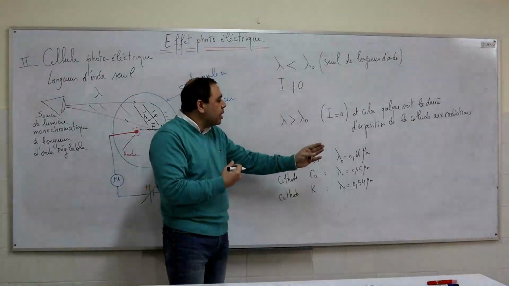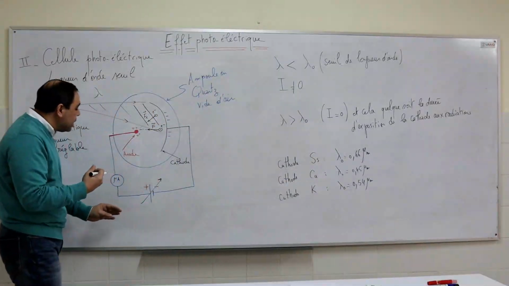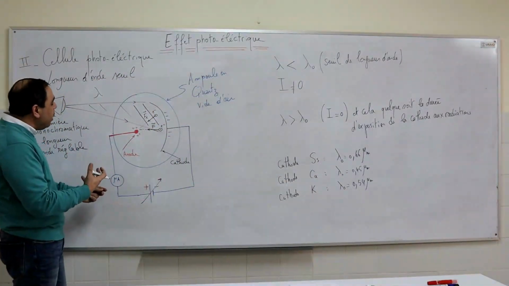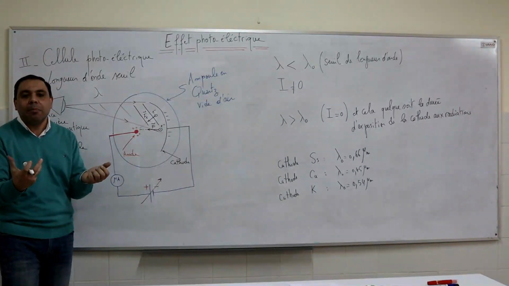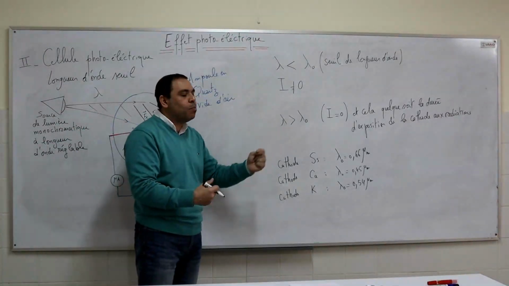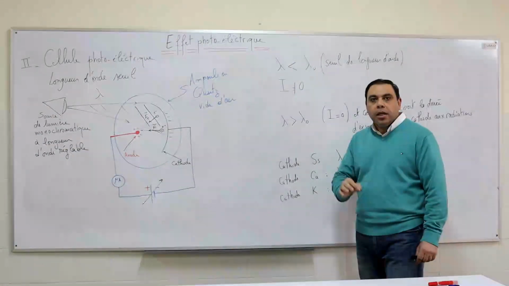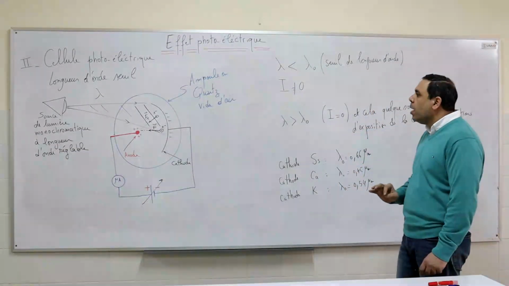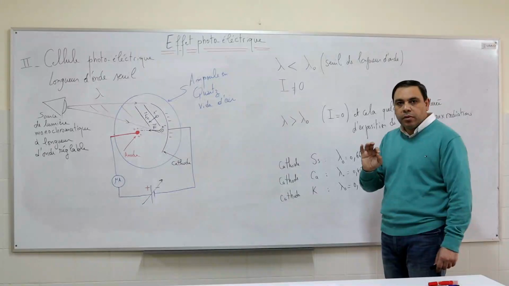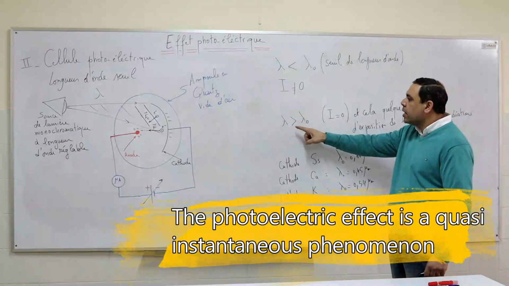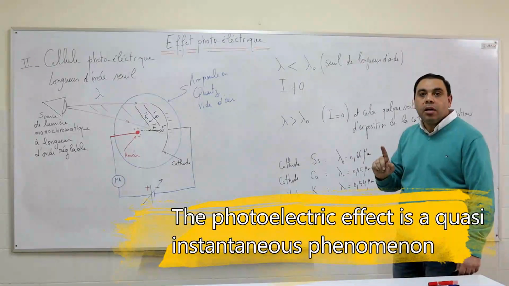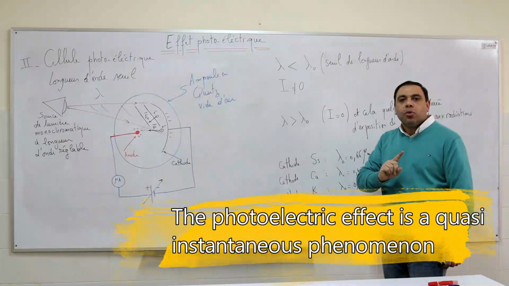In the second case, if lambda is greater than lambda 0, I equals 0. This means that no electrons are extracted from the cathode and the photoelectric effect is not achieved for lambda greater than lambda 0. Note that no matter how long the cathode is illuminated, as long as lambda is greater than lambda 0, the photoelectric effect does not appear.